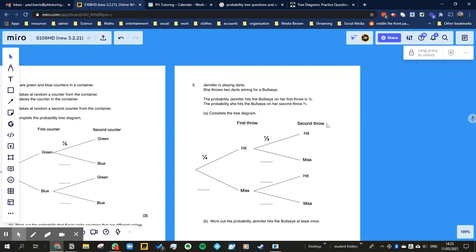So this is not really conditional, because this probability does not depend on the outcome of the first event. It doesn't say if. The key word, if we're talking about conditional probability, is that it's conditioned on a particular event, so we're looking out for the word if. This is not conditional on anything.